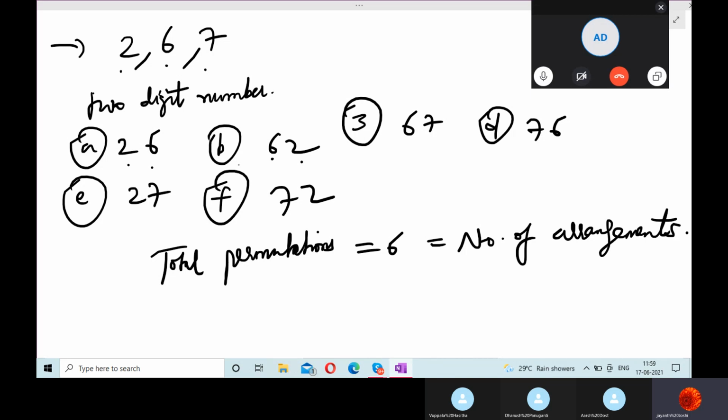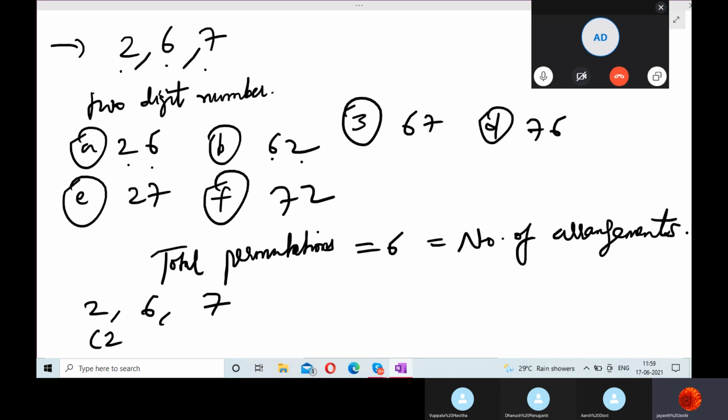And if I ask you the same question about combinations, then what will you do? So here is the next. 2, 6, 7, 3 numbers are given.